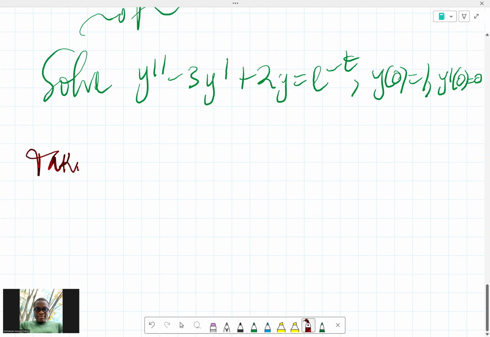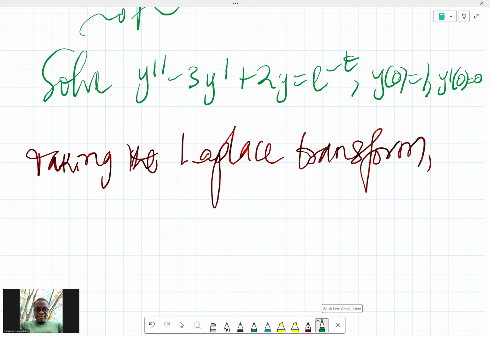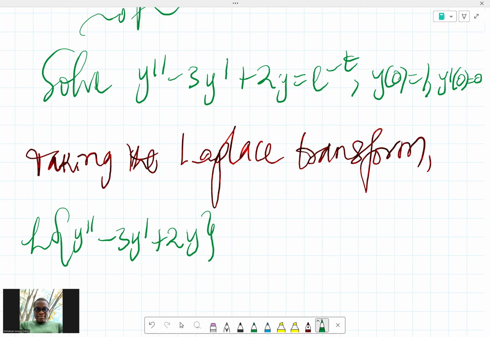First, taking the Laplace transform, so we have the Laplacian of y prime prime minus 3y prime plus 2y equals the Laplacian of e raised to power minus t.